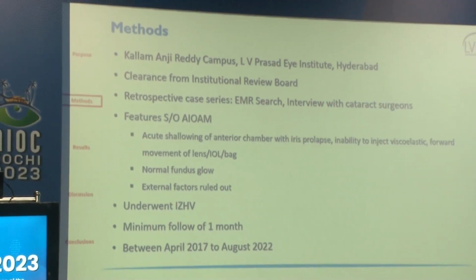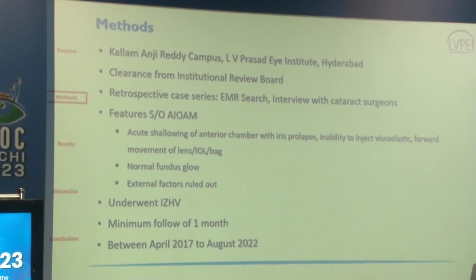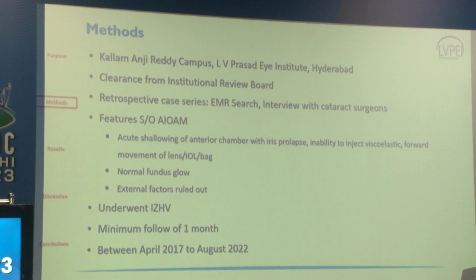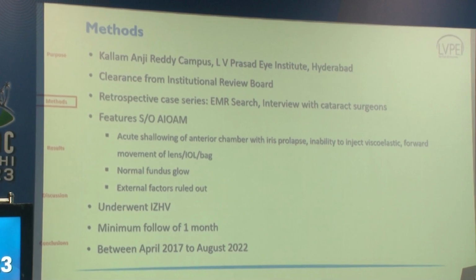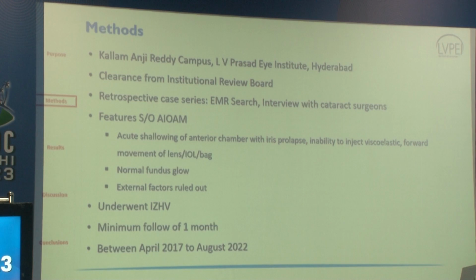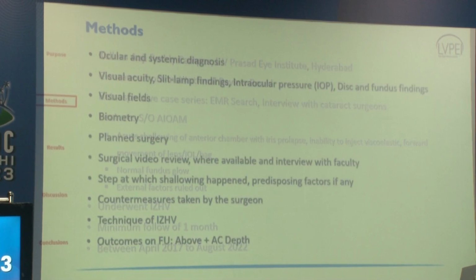The study was a retrospective, institutional review board approved study where we looked at the EMR and interviewed cataract surgeons to find patients who had acute intraoperative aqueous misdirection, characterized by acute shallowing of the anterior chamber with iris prolapse, inability to inject viscoelastic, and forward movement of the lens, intraocular lens, or the bag in presence of a normal fundal glow, and after external factors were ruled out, who underwent IZHV and were followed for at least 1 month.